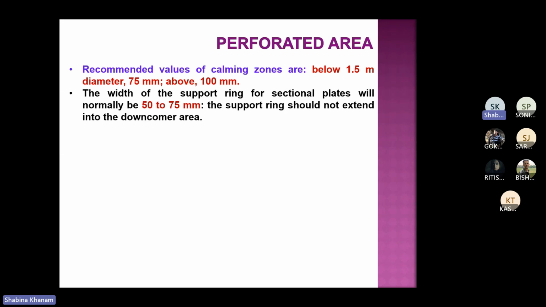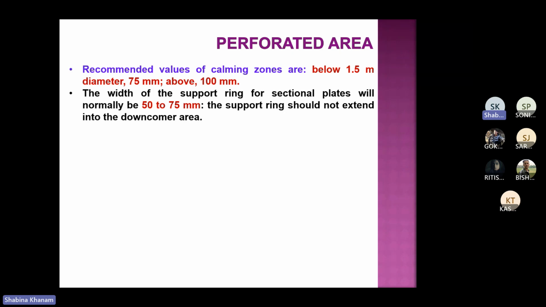As we discussed in yesterday's class, the plate is attached to the wall of the column through this support ring. And if in between we also have a plate in different sections, you can calculate that calming zone, because different parts of the plate are placed side by side, and below that we have the backing strip, and because of that backing strip, holes cannot be made there.